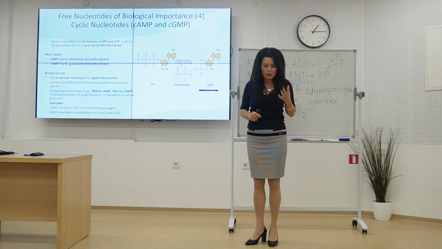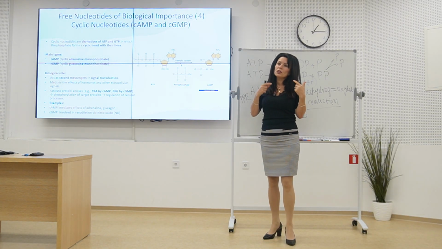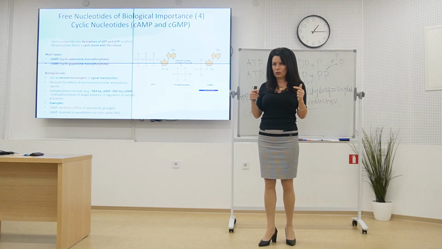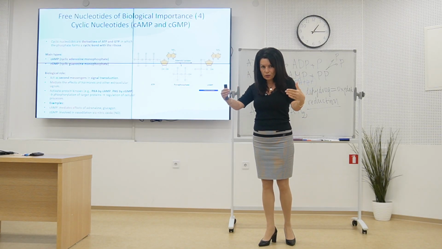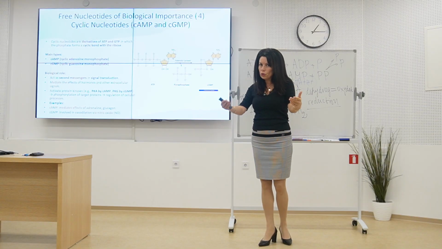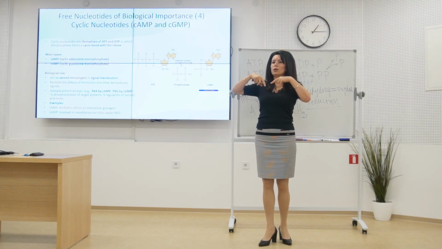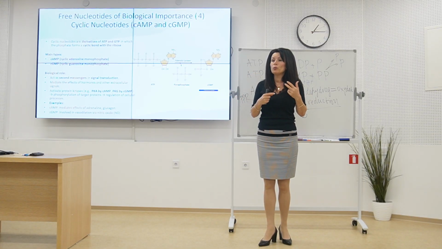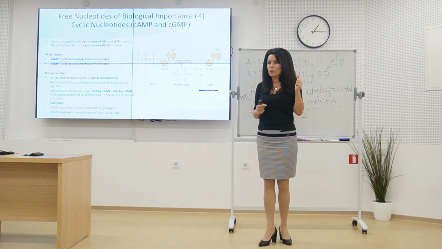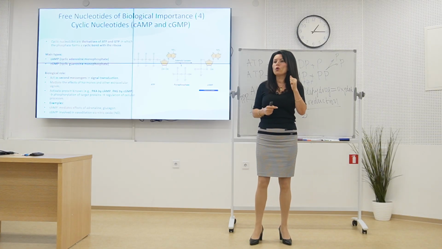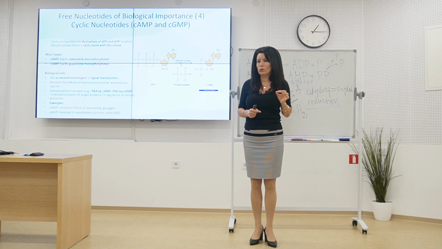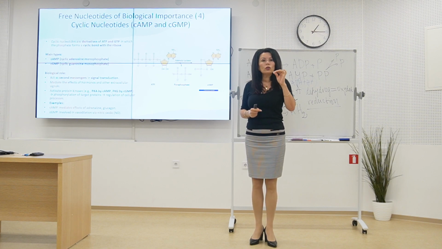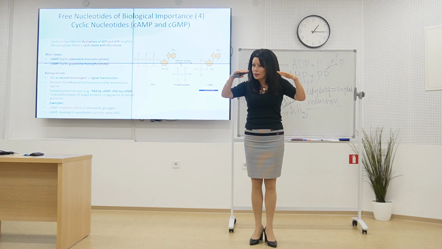What is this signal transduction? It's a process of transmission of information from outside the cell to inside the cell. How can this information be transmitted? By hormone action. Because if the hormones are water soluble, they cannot cross the cell membranes.